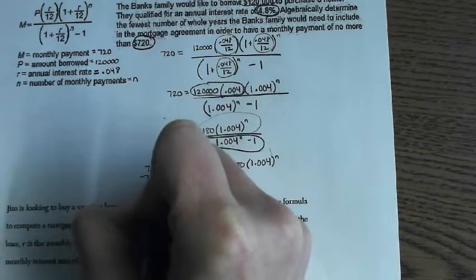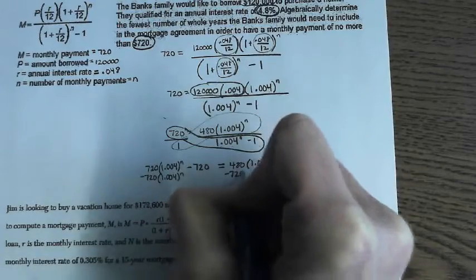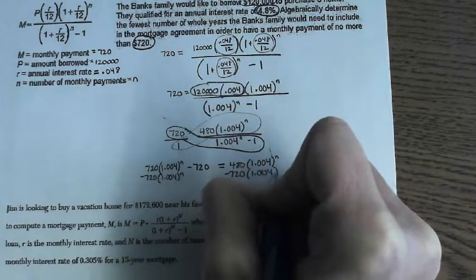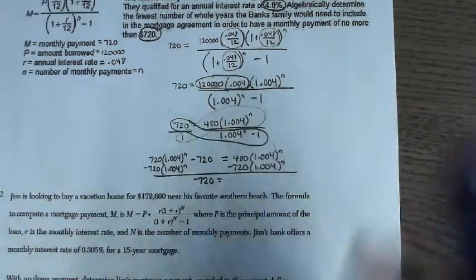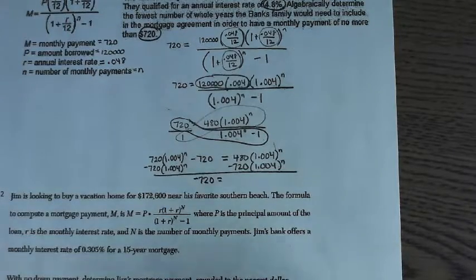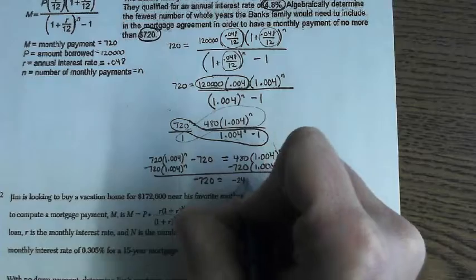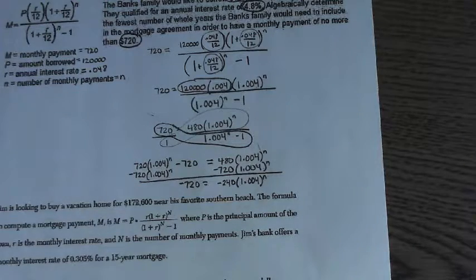So subtract 720 of these things. And 480 of them minus 720 of them leaves me with negative 240 of them. So in a way it was combining like terms, but a little more convoluted than it normally looks.